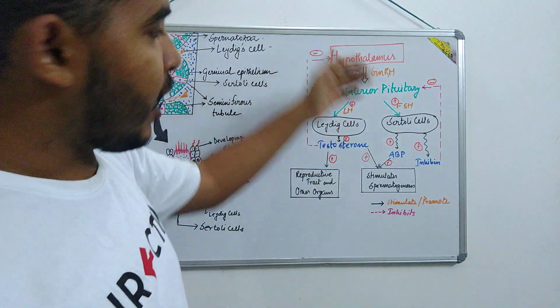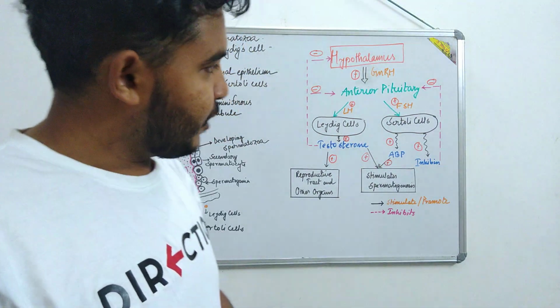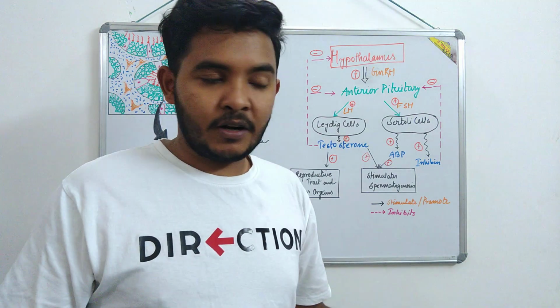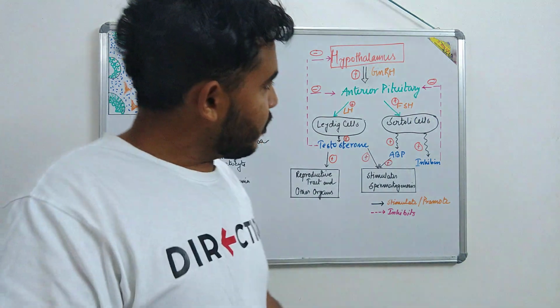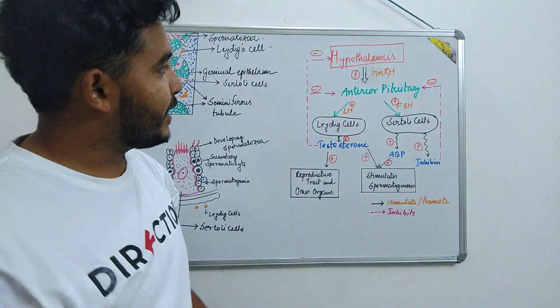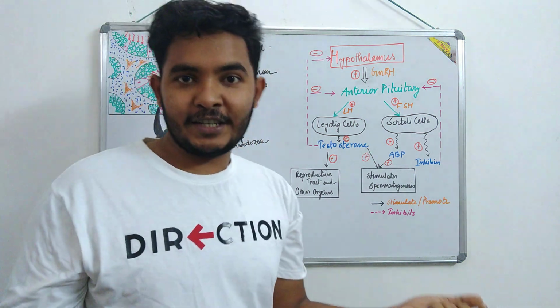So you know the hypothalamus is the supreme commander of our body, isn't it? It gets all the cues from nature, from the surroundings, and from the time. This hypothalamus secretes GnRH. You know what GnRH is?